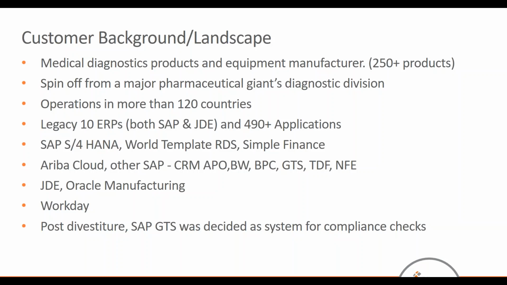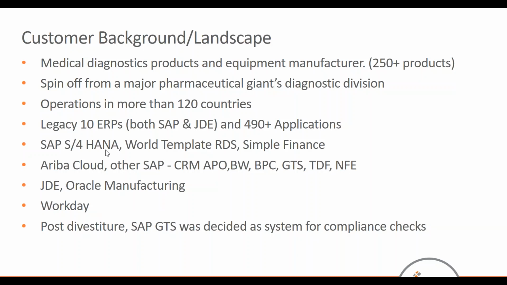When they were working on the shared service model with the parent company, they had around 10 different ERP instances worldwide, and around 490 small or big applications. When setting up the IT applications and infrastructure as an independent company, they decided to go with a simplified setup and simplify their processes.